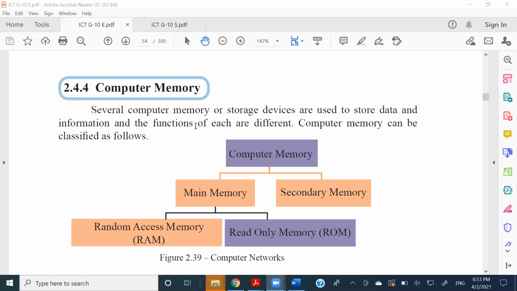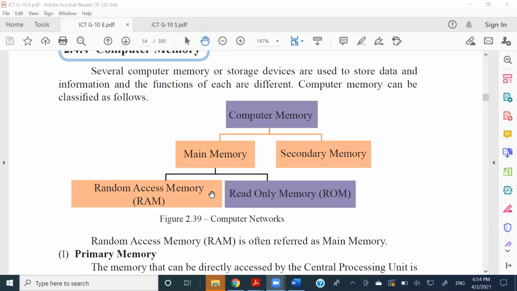So the main memory is divided into three parts: the cache memory, random access memory, and the read-only memory. And the secondary memory includes all other storage devices besides cache, RAM, and ROM, starting from the hard disk drive, the pen drives, CDs, DVDs, and all these are categorized under the secondary memory.